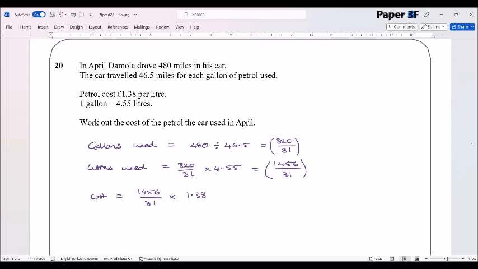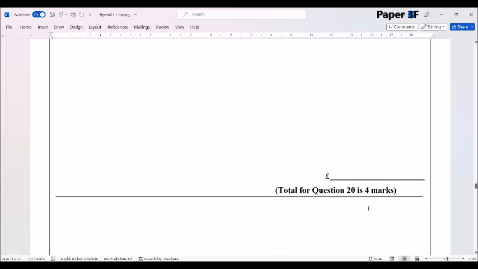So when you do that and convert it into a decimal, £64.82.